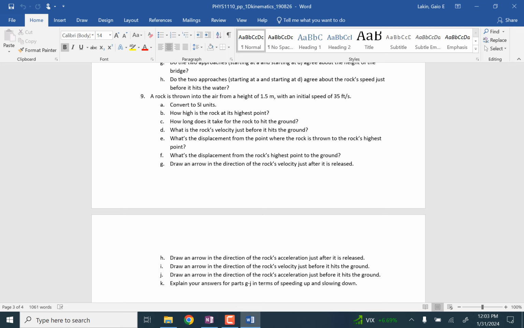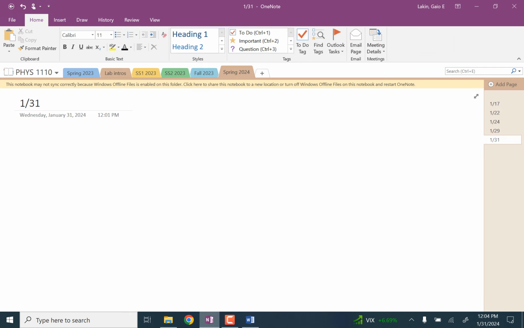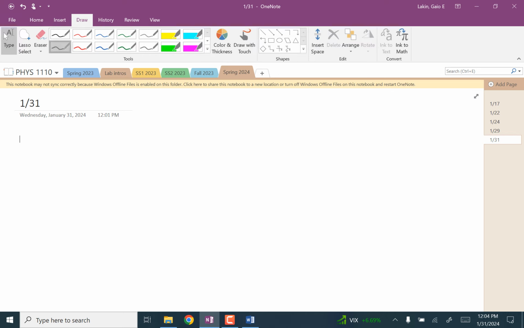Okay, 1.5 meters high, 35 feet per second. So this rock, if this is the ground, starts from a height of 1.5 meters and is thrown straight up.